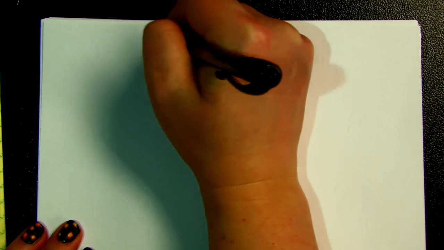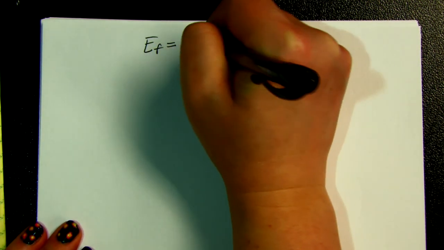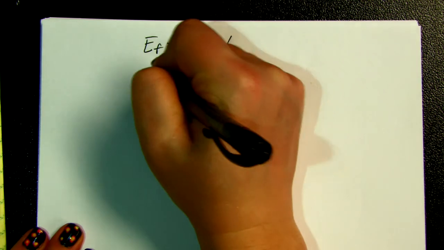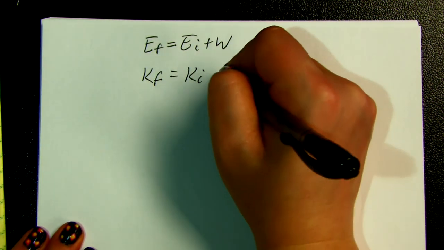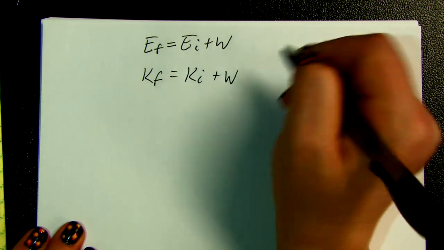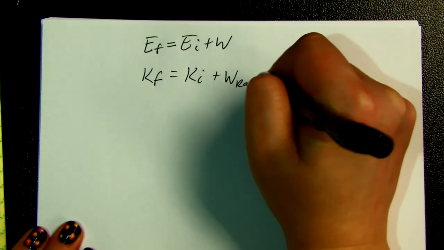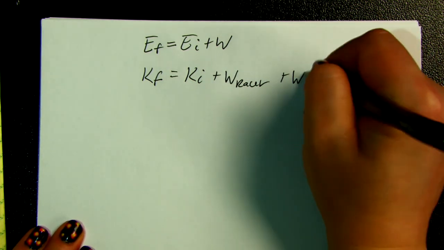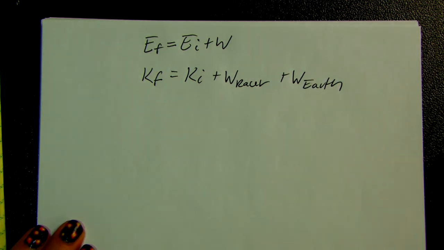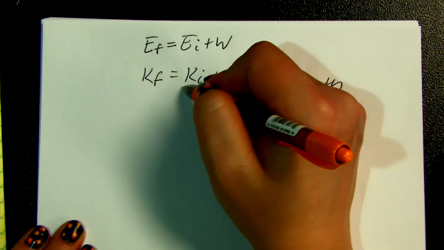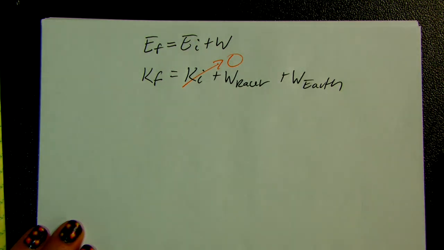All right, so energy final is equal to initial energy plus any work. K final is equal to K initial plus work from the racer, she's in the surroundings, plus work from the Earth, also in the surroundings. All right, so do we have any zeros? Why, yes, we do. It starts at rest.